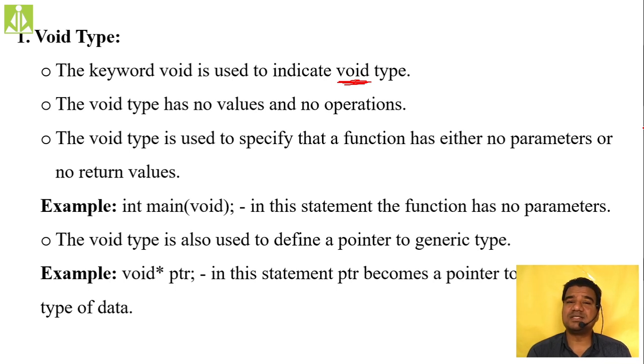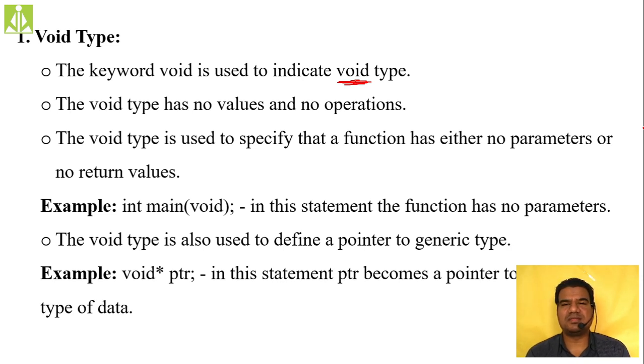So in order to guide the compiler that in some places in our programming, we don't want any input, we don't want any output, we don't want any operation to be performed, we don't want to pass any value or store any value, we use this void type.